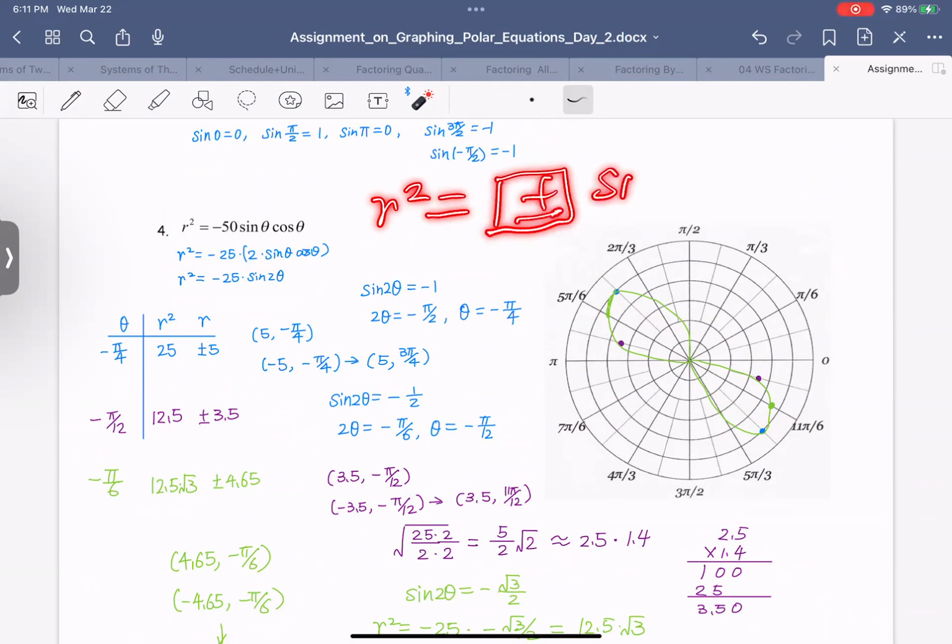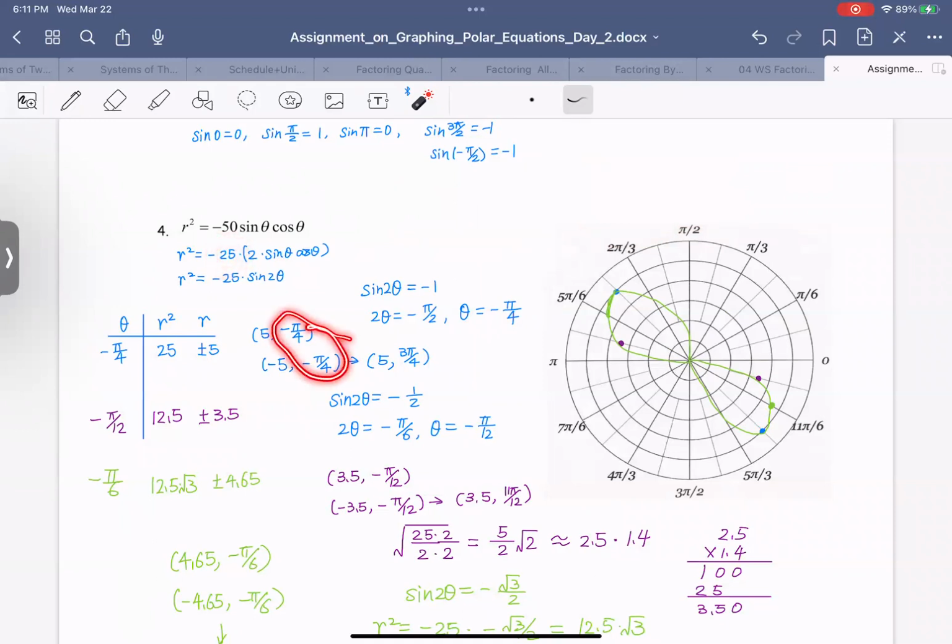If you have sine 2 theta or cosine 2 theta, and you have a plus and minus something, that means you will square root this one, and based on the angle that you found as the longest radius, you will have these two pairs.